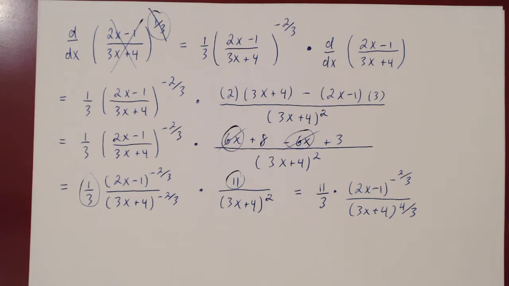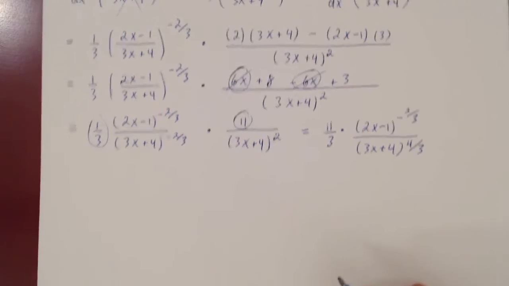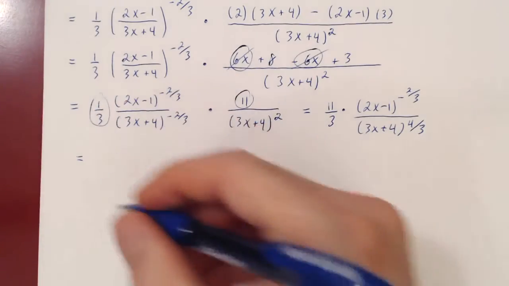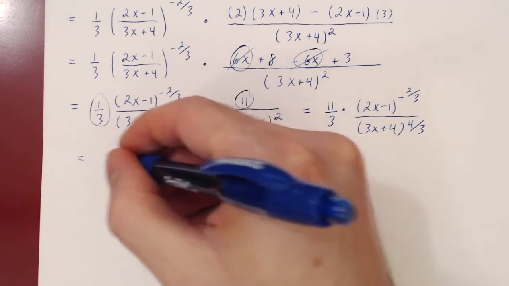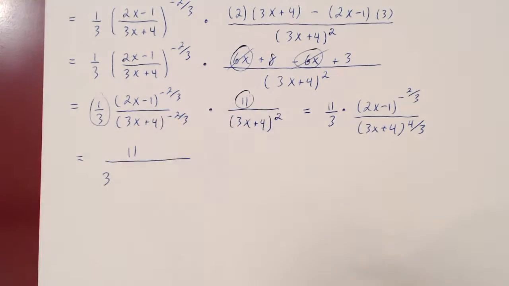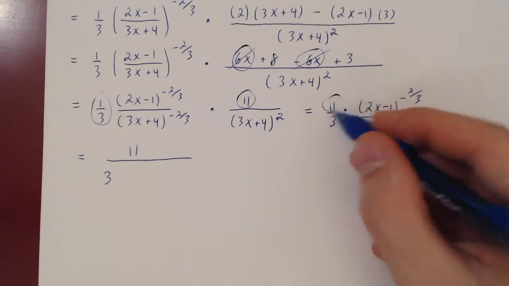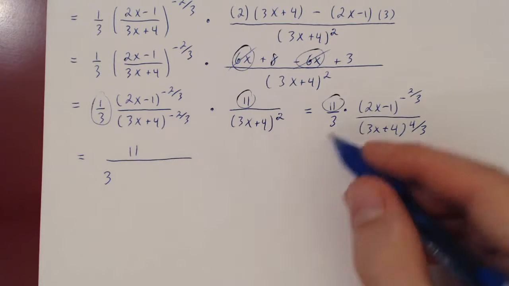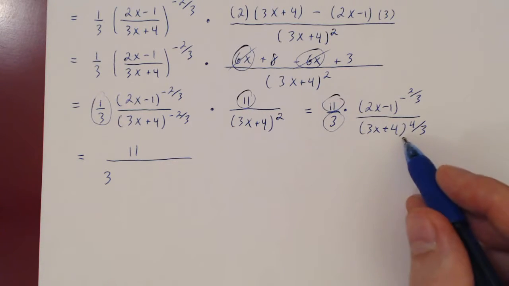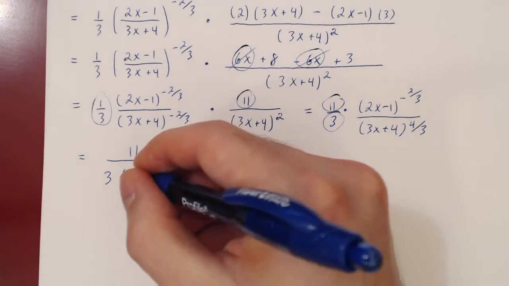And here, there's one last thing we could do. If you prefer to have positive exponents, we could send this to the denominator. And what we would then get is a single 11 on top over 3 times (3x plus 4) to the 4/3.